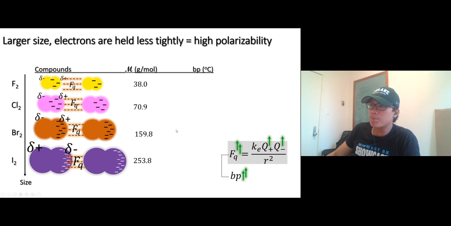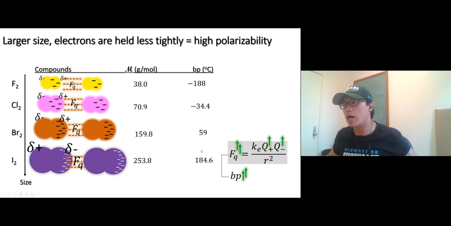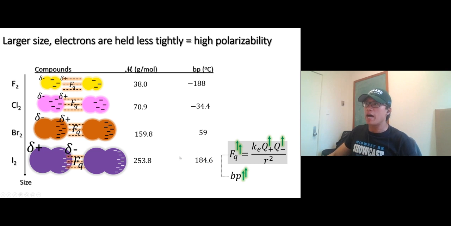If you have to guess the boiling point, look at the fluorine. It's small, so the lowest boiling point here. Iodine has a really high boiling point, even higher than water. And that's the special thing about London forces: the attraction increases when the size or the molecular weight increases.